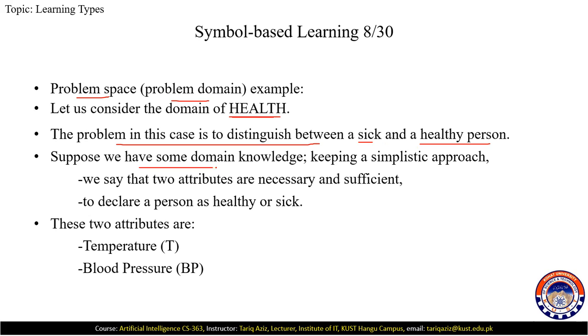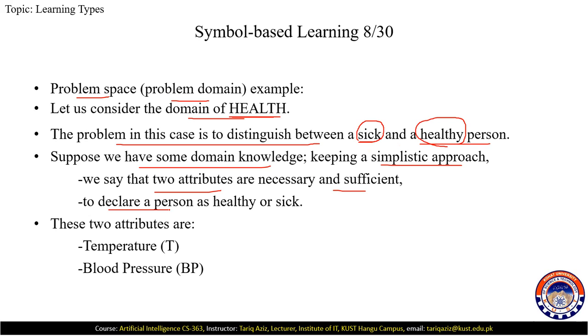Suppose we have some domain knowledge. Keeping a simplistic approach, we say that two attributes are necessary and sufficient. As we discussed attributes and features for a good student and a bad student, with respect to the domain of health, if we want to know whether a person is sick or healthy, we will use two attributes.